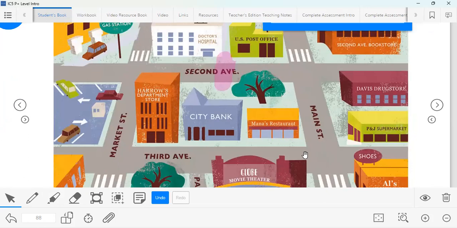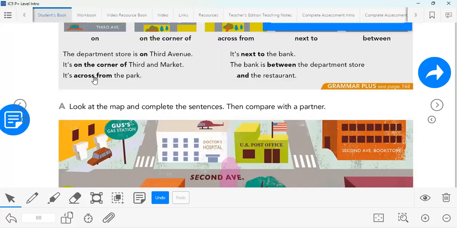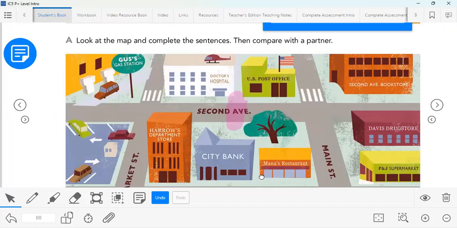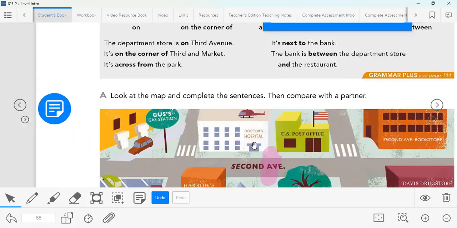Of course we can give different details. We can say on the corner of, across from, or maybe next to, depending on the position. So that's why we are learning and I'm trying to go one by one, for you to have clear what each of them is.